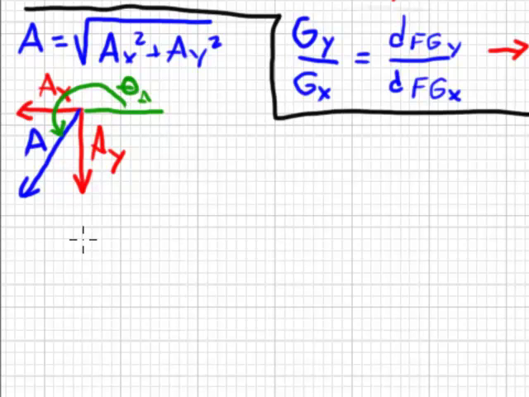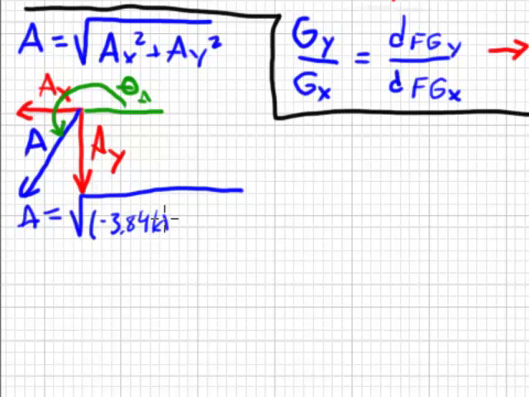First, we will calculate the resultant magnitude of A. A equals square root of negative 3.84 kilonewtons quantity squared plus negative 9.05 kilonewtons quantity squared.